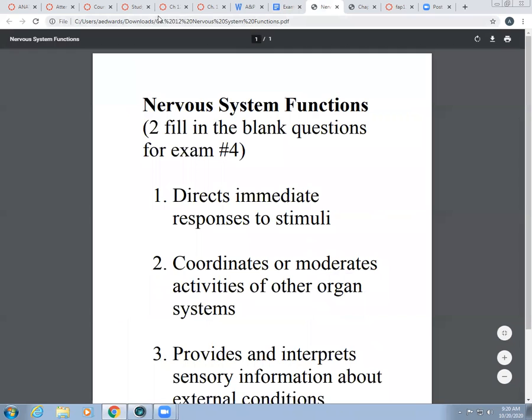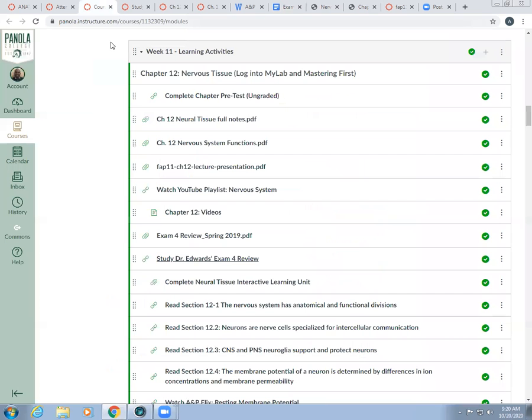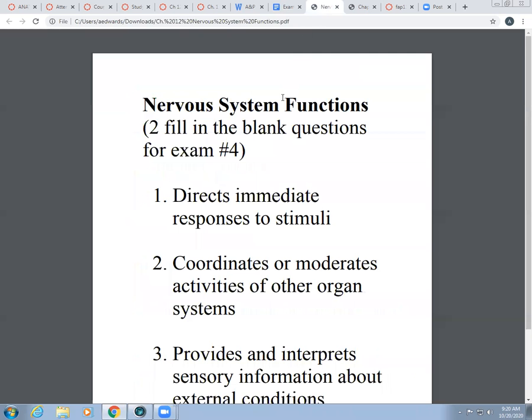There is a document. If you go to the modules for week 11, it says nervous system functions. If you click that, it'll take you to this document. You will have some questions asking you about the functions of the nervous system.